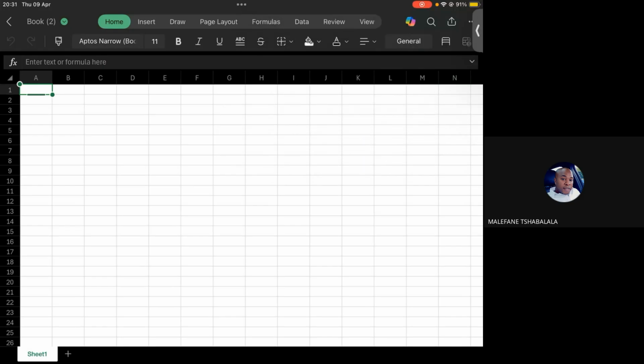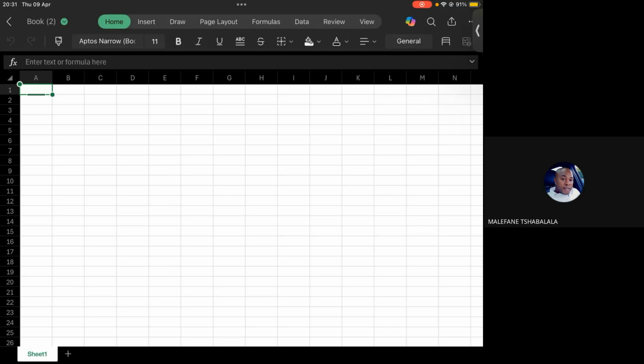Here I already have the whole data: the volumetric flow rate readings, the characteristic curve readings, as well as the system curve readings. So I'm no longer going to do calculations.